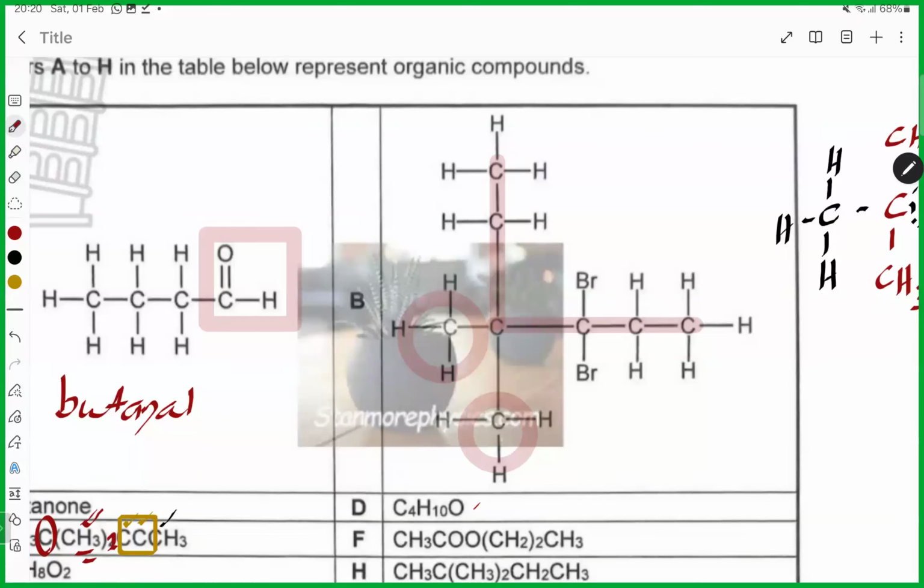Okay, sorry, my mistake, let me explain it. If I start from the top, my first 2 side chains will be 3 and 3 and then 4.